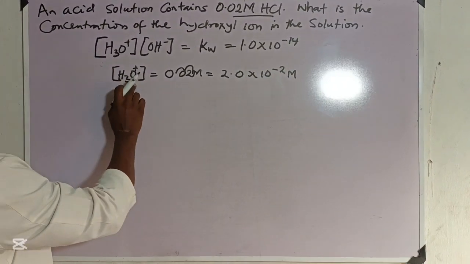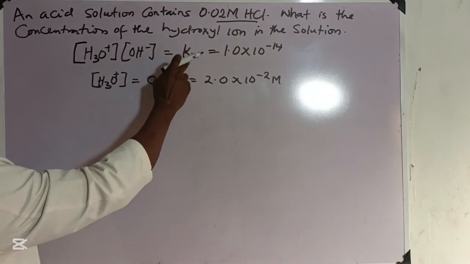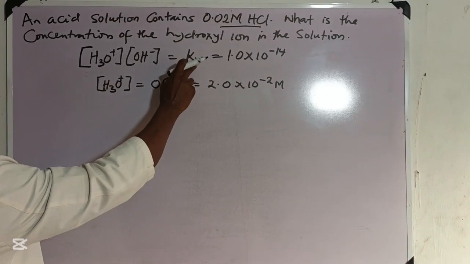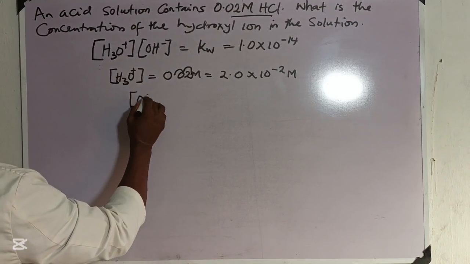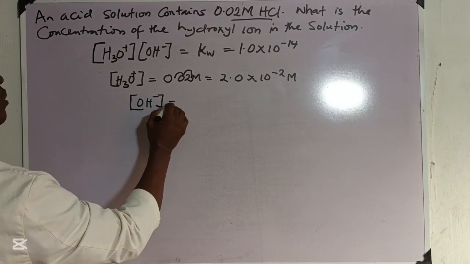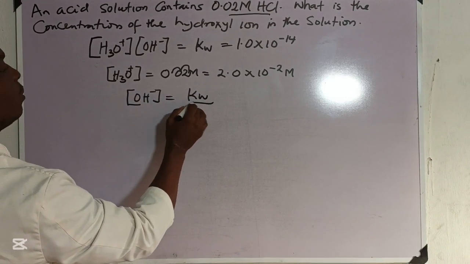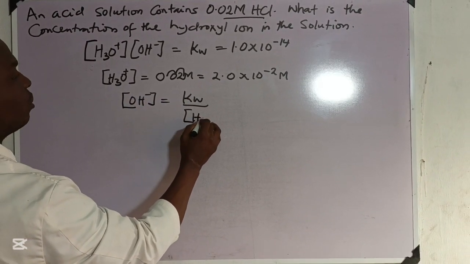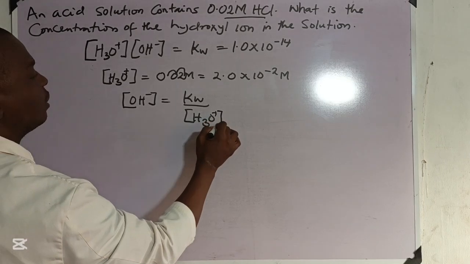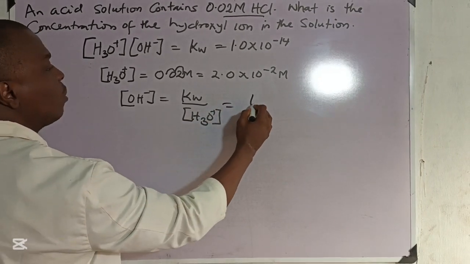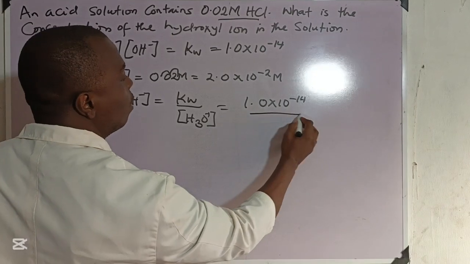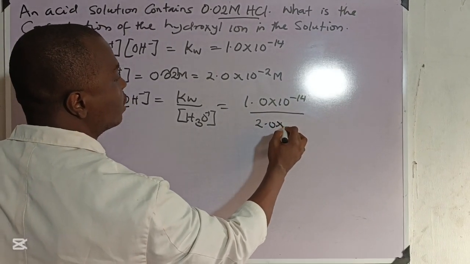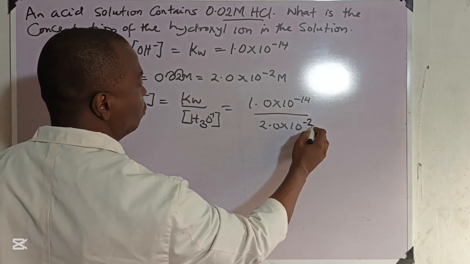Since we have the concentration of hydrogen ion and the equilibrium constant of water, we are looking for the concentration of hydroxyl ion. If we solve for it, we'll get Kw all over concentration of hydrogen ion, and this is equal to 1.0 times 10 raised to power minus 14 all over 2.0 times 10 raised to power minus 2.